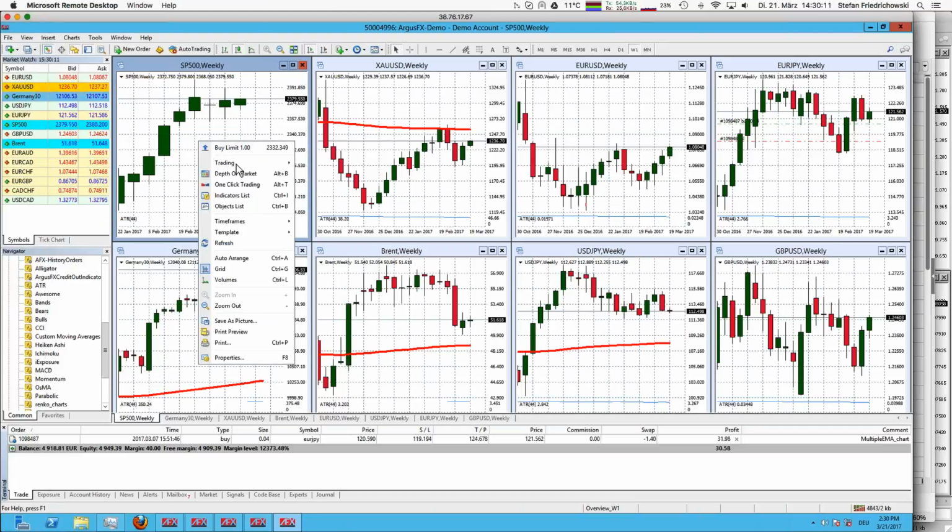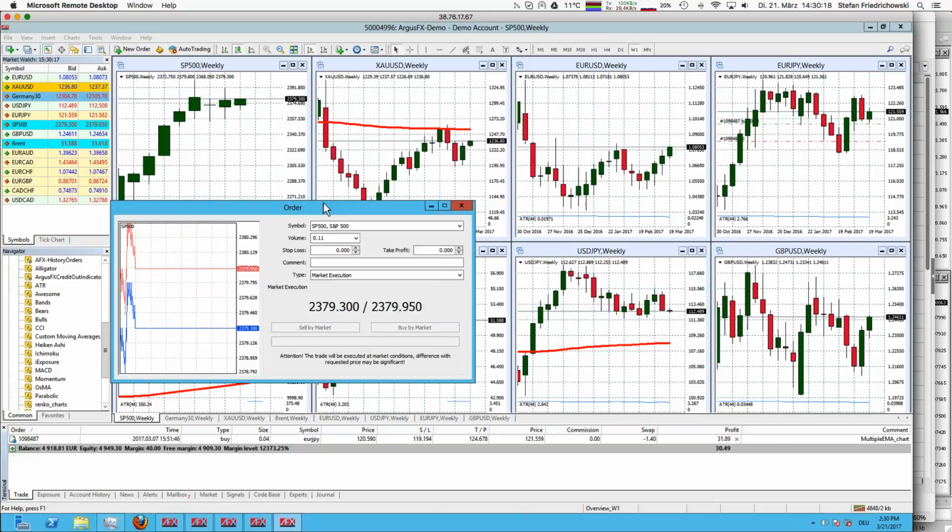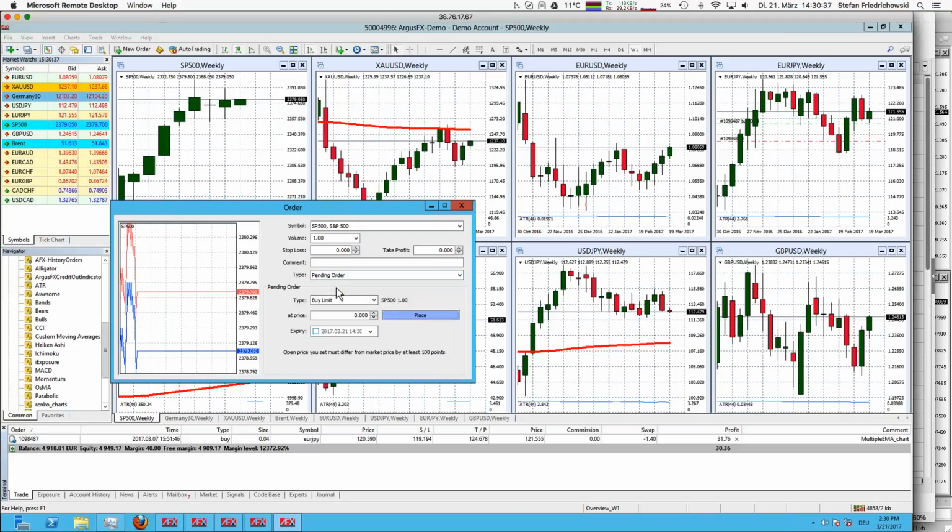So it's a new order, and what we want to trade is here one lot, because we cannot place any digits here. It's not market. It's a pending order, and the kind of that pending order is a buy stop order.